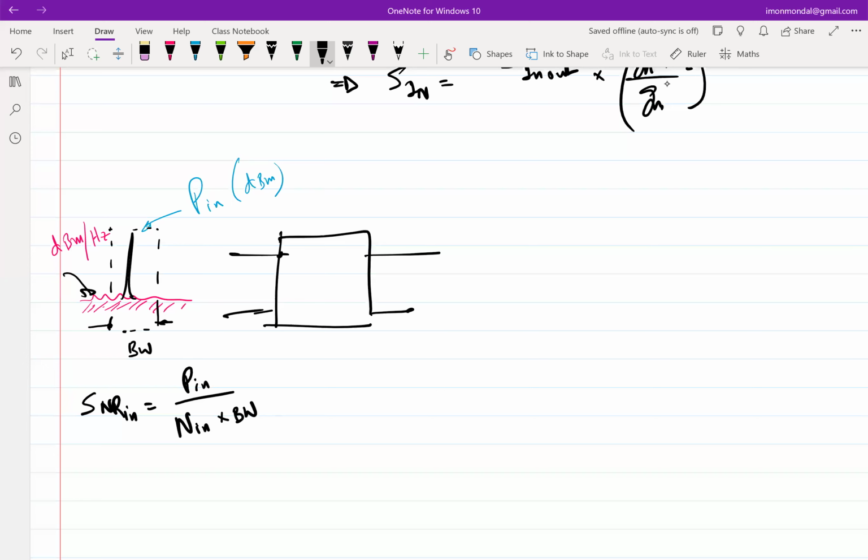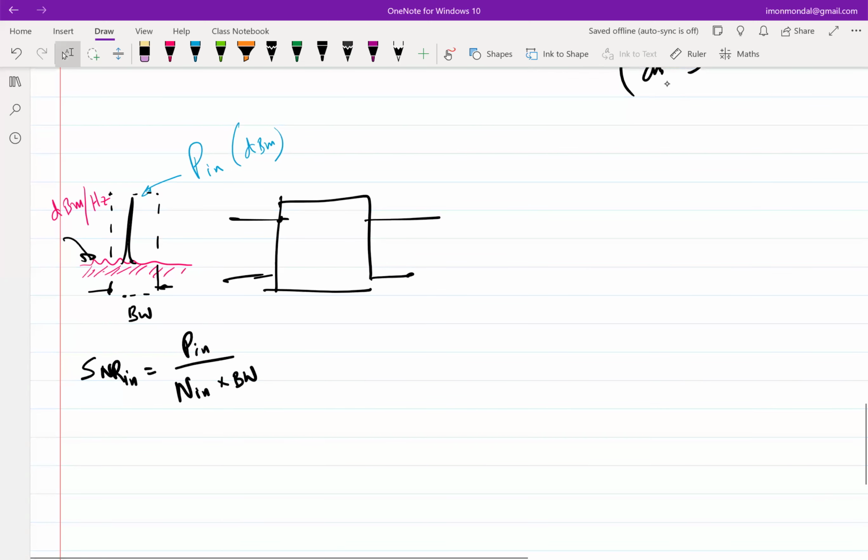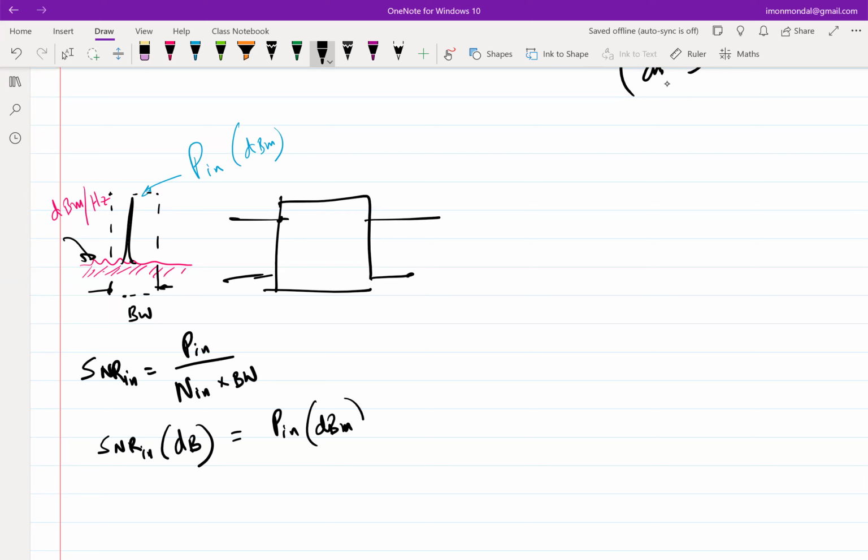Make sense? So when expressed in dB, SNR in dB becomes P in dBm minus N in dBm minus 10 log bandwidth.